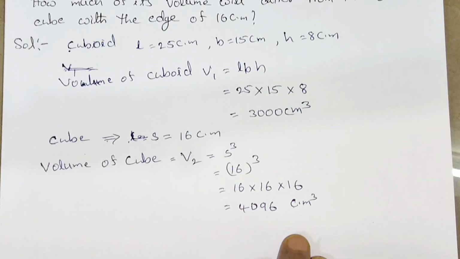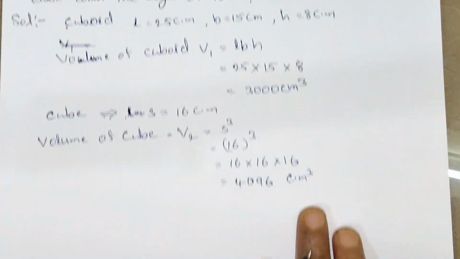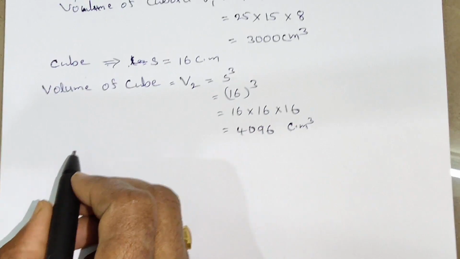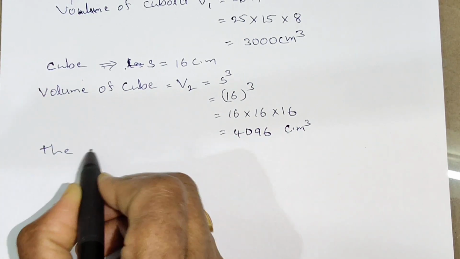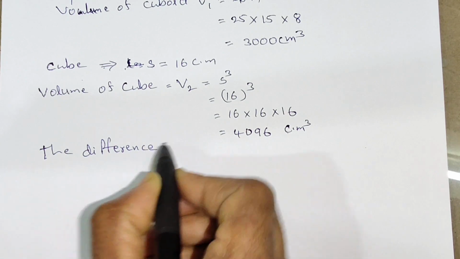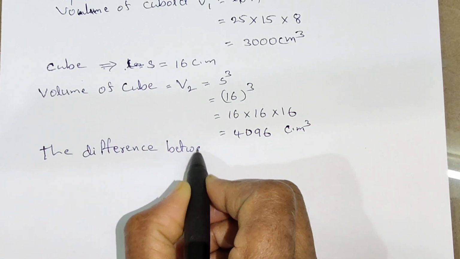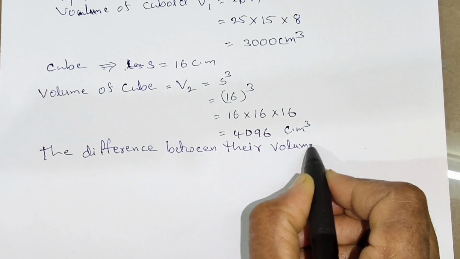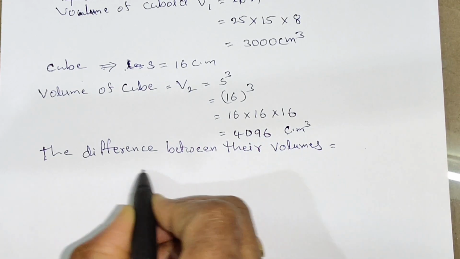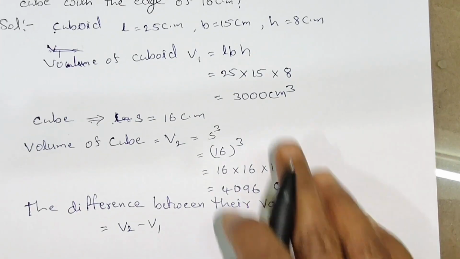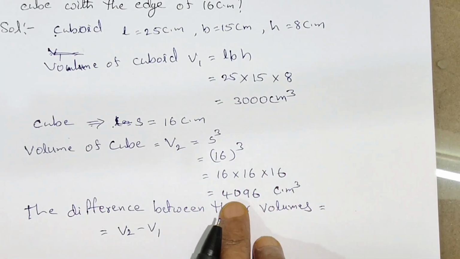Now the question asks for the difference between the volumes. The difference between their volumes equals V2 minus V1, because comparing the two volumes, V2 is greater.